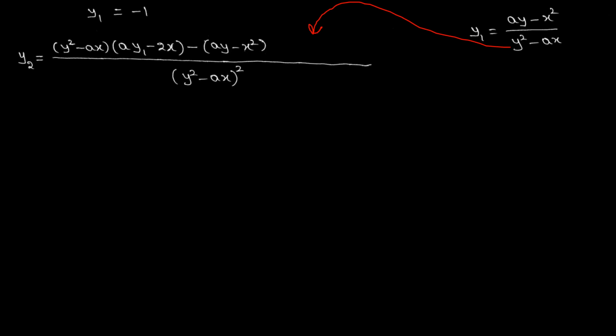Here differentiation of y square will be 2y into y1 using the chain rule, minus a is a constant, we write as it is, and differentiation of x is 1. Differentiation of x is 1 minus a.